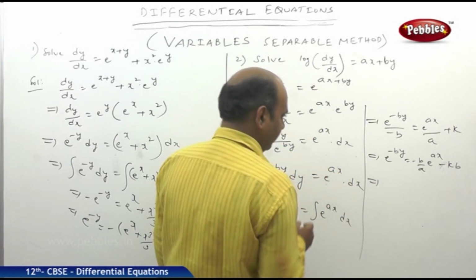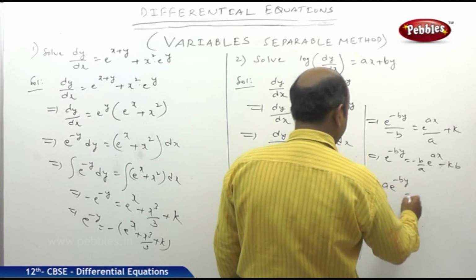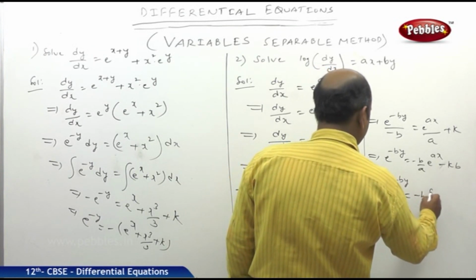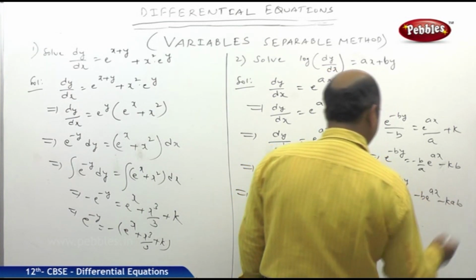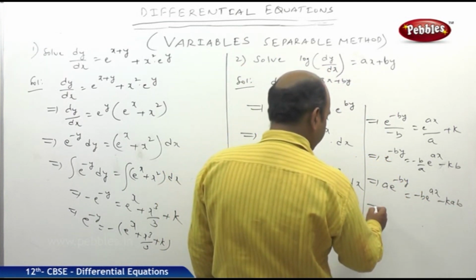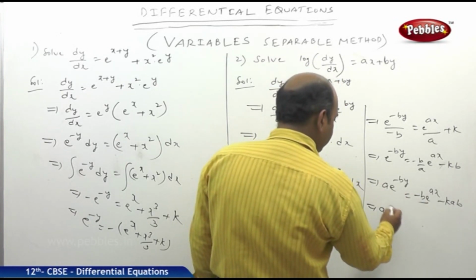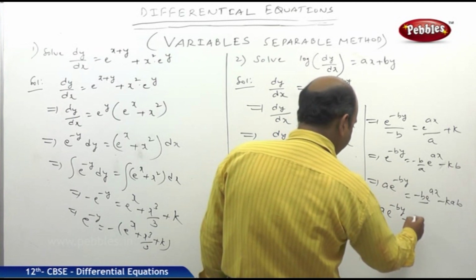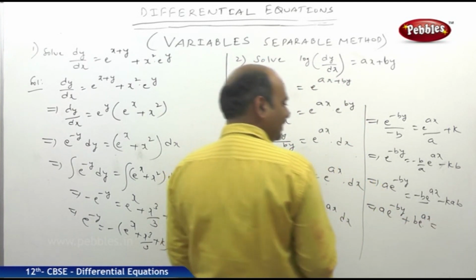Later again I will multiply with a throughout the equation. So a into e power minus by is equal to minus b e power ax minus kab. Then I will bring this particular term to the left hand side. So a e power minus by plus b e power ax is equal to minus kab.